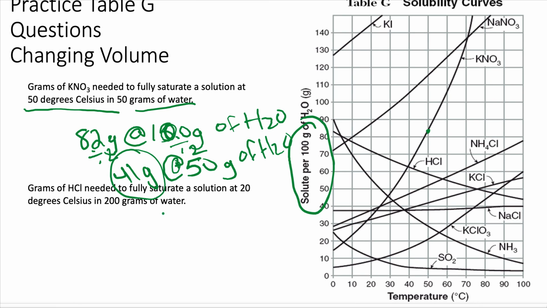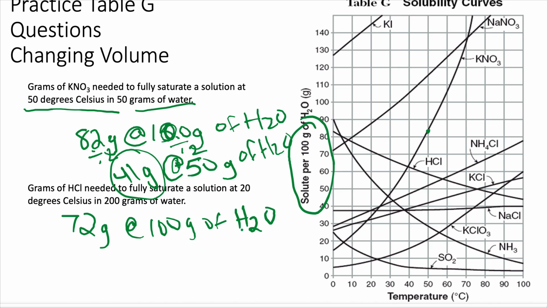This second question down here is talking about HCl. So it says 20 degrees Celsius for HCl. So you're going to go up to the line of saturation. So that's 20 degrees Celsius, HCl. That's like 72. I'm going to put 72 grams at 100 grams of H2O.